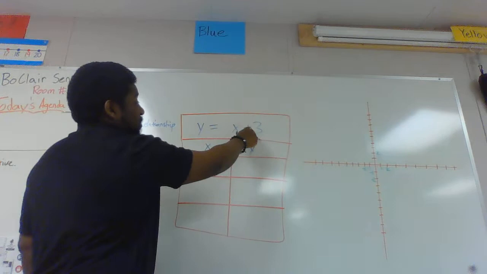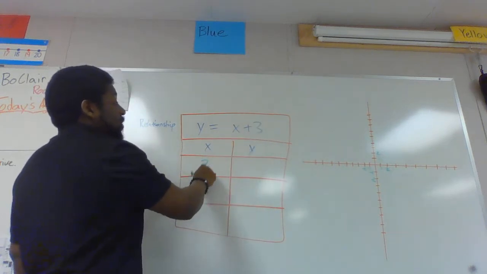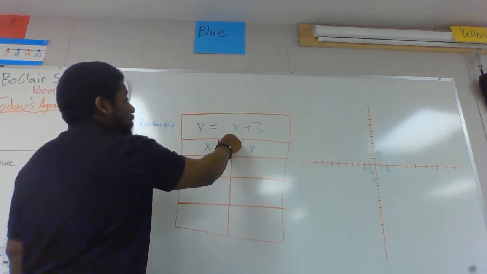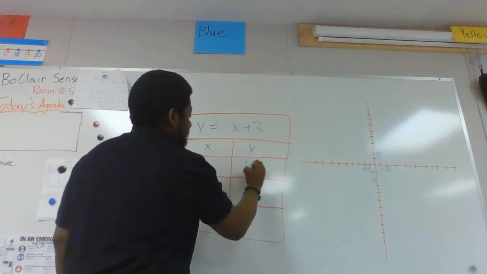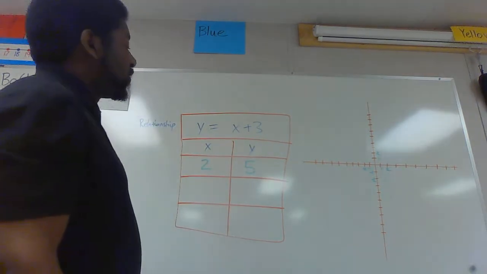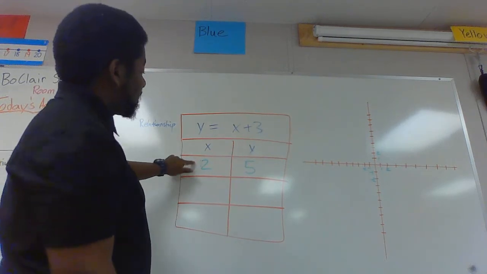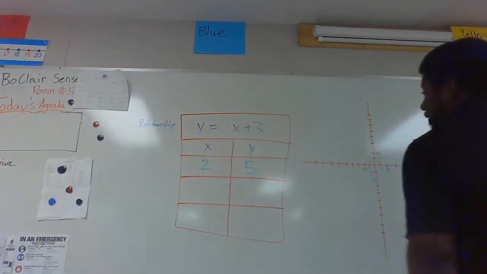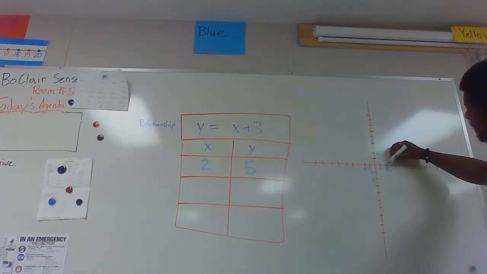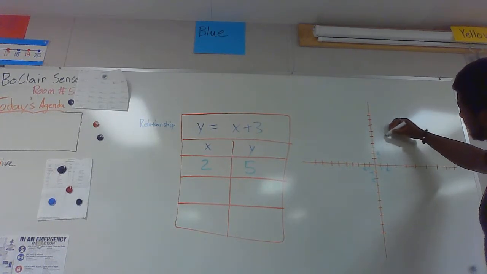Since y equals x plus 3, 2 is my x, so y equals 2 plus 3, and 2 plus 3 is 5. So if you think about these as a coordinate, this is 2, 5. That's what I would find on my coordinate grid here. Over 2, up 1, 2, 3, 4, 5. 2, 5 is right there.